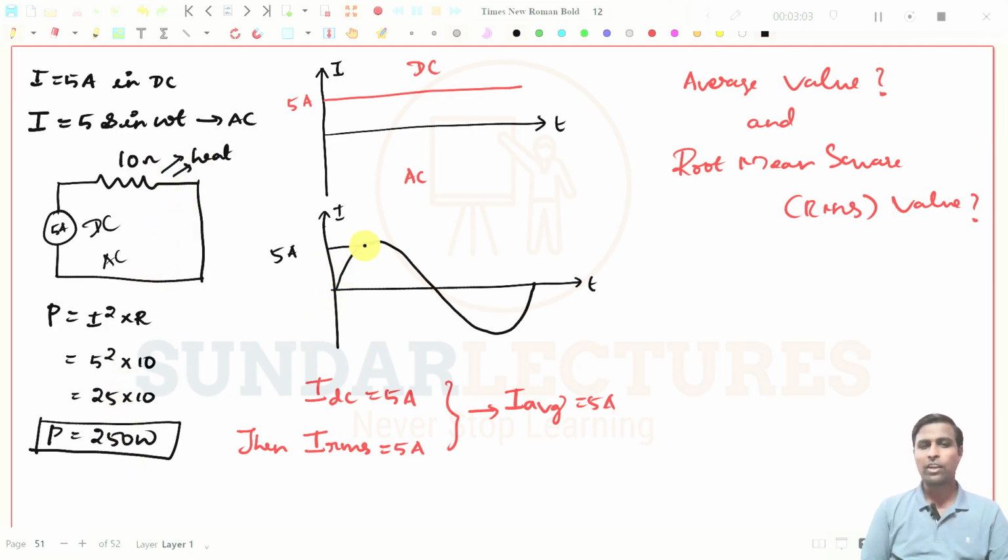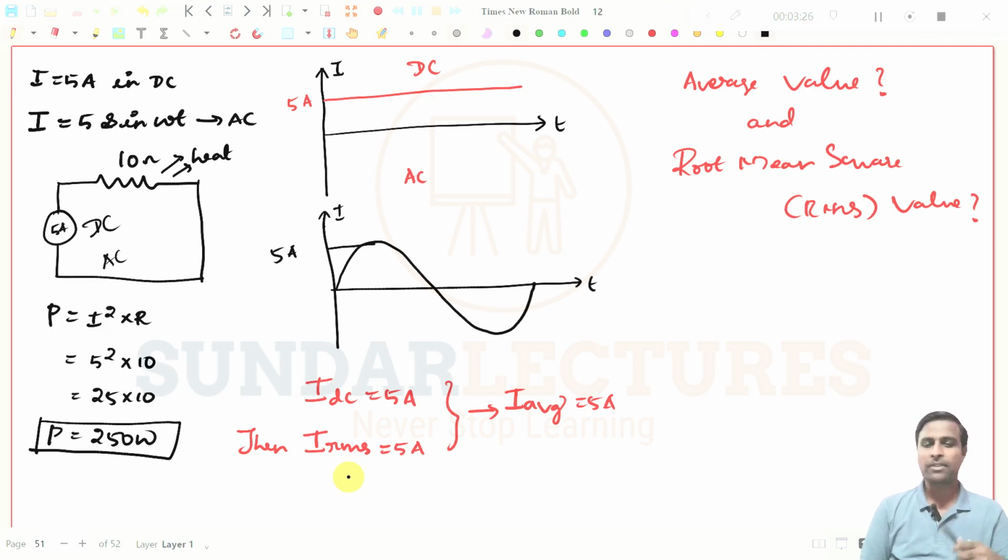Then what we need to do is take the average. Whatever average current you get should produce the heat energy for the 5 amp source, that is our point. But what I am saying is it is not an average value, it has to be the RMS value.